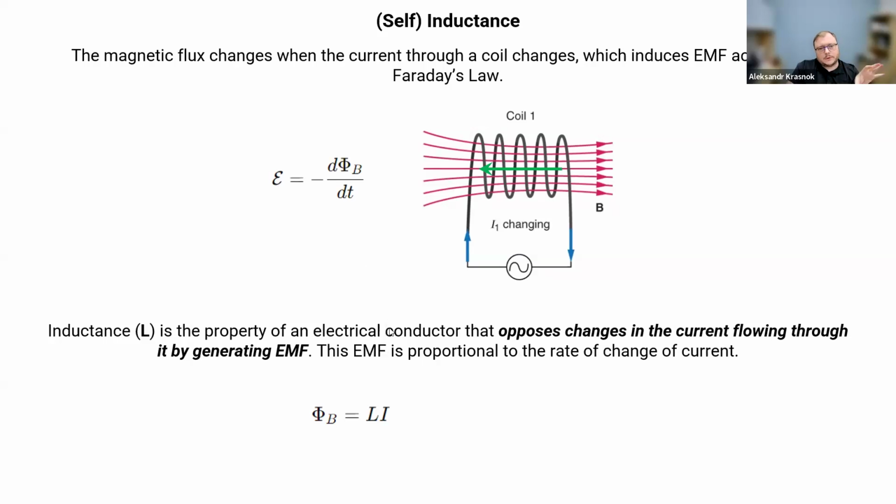Okay, and we introduce the concept of inductance here and denote this inductance by capital L, which takes into account all these factors, the turns, the shape, the size, and so on. So it defines the self-inductance of the coil in response to the particular current.